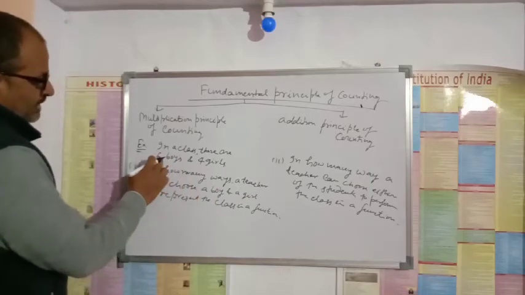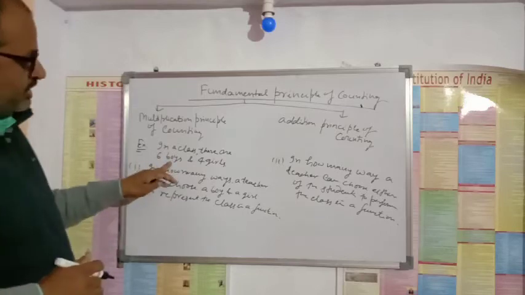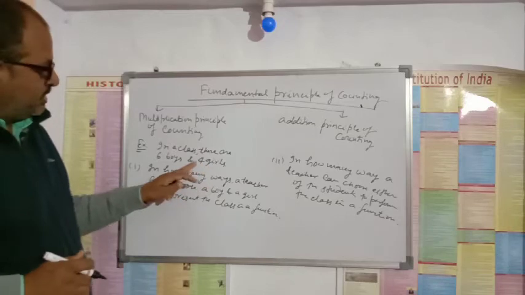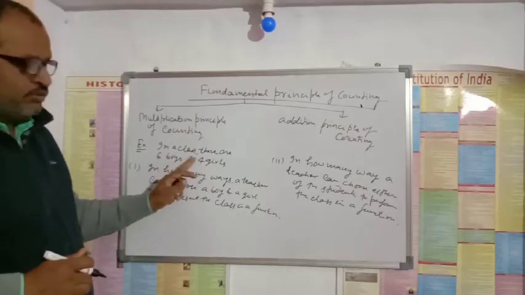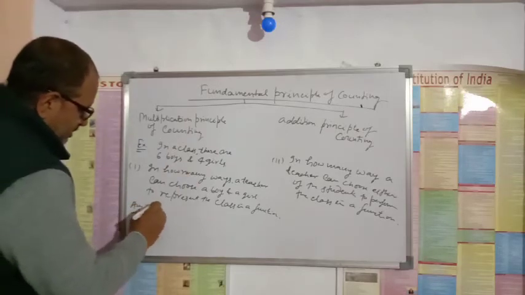So how many boys are there? 6 boys. So a boy can be chosen by 6 ways. A girl can be chosen by 4 ways. Both can be chosen by m into n ways, means 6 into 4 ways.